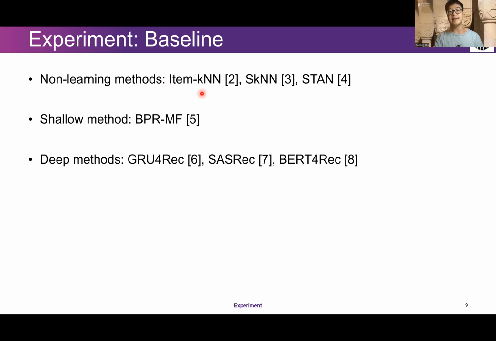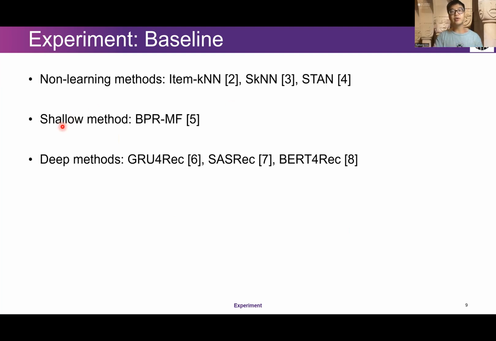First is item KNN, which only cares about the item itself and doesn't take the sequential information into consideration. SKNN and STAN are two recent methods that use the sequential information for KNN, but they just calculate the item frequency.